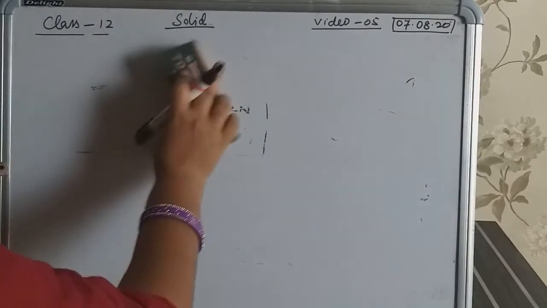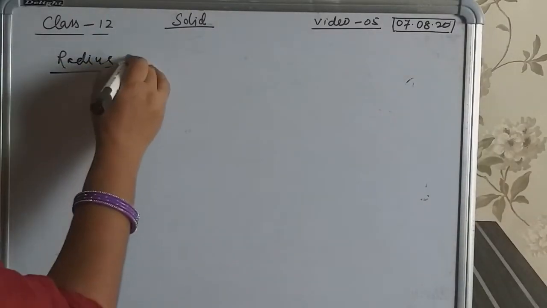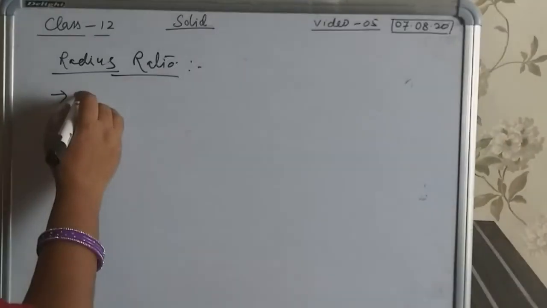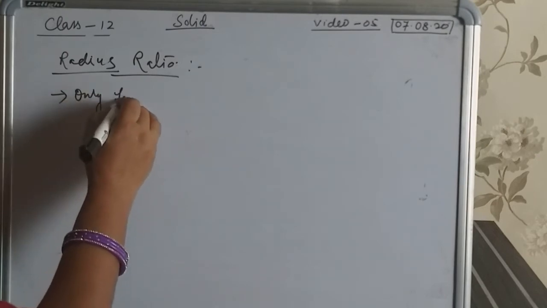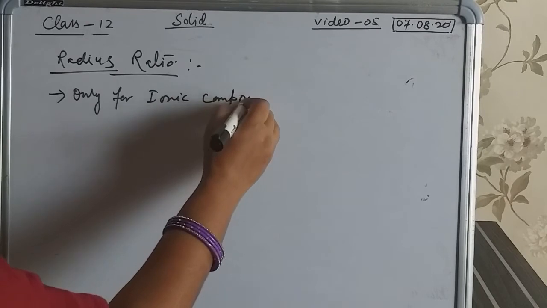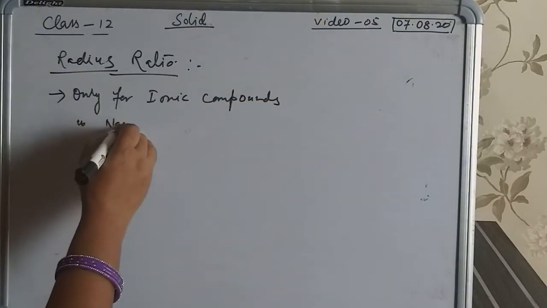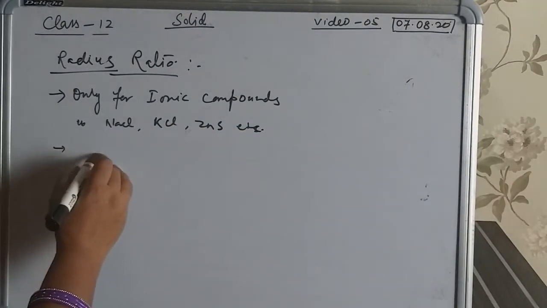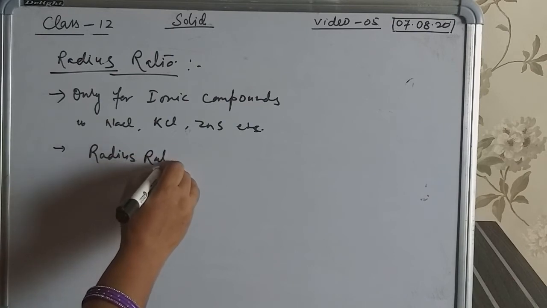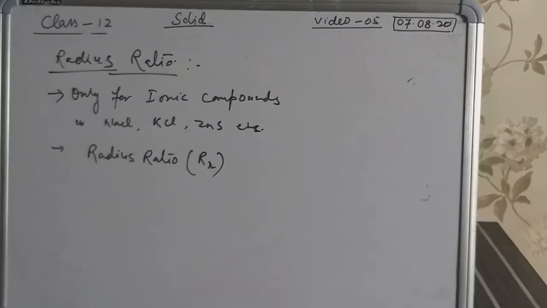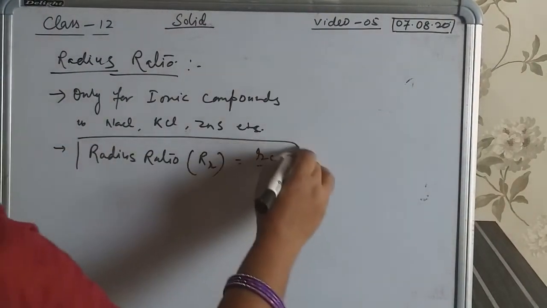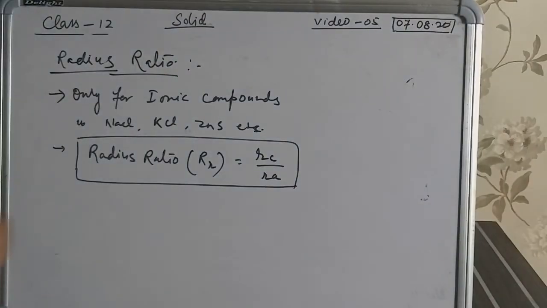At first, a few important points regarding radius ratio: it is only for ionic compounds like NaCl, KCl, zinc sulfide, etc. Number 2, radius ratio represents radius of cation by radius of anion. So we do the main focus on it.